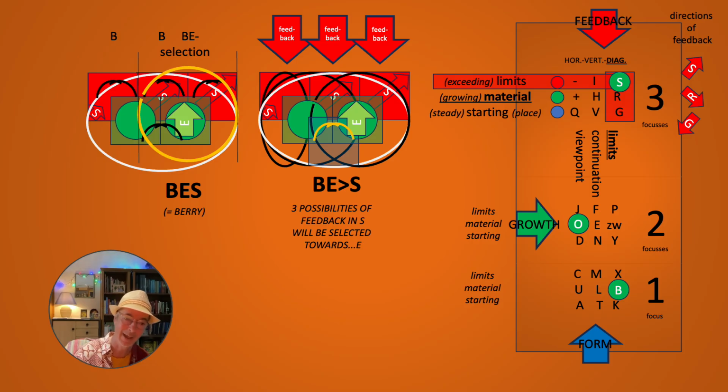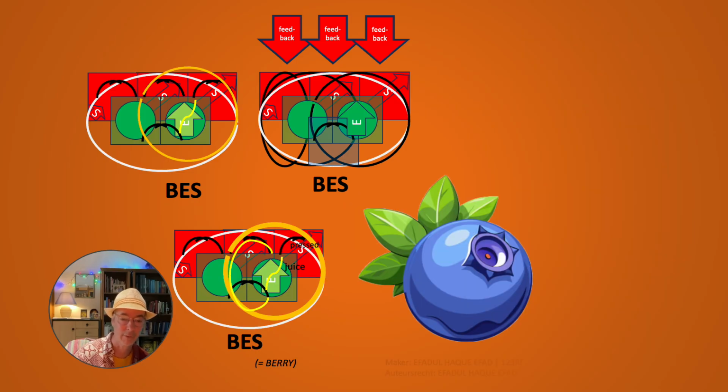We have the BE. BES is a word for berry, actually, and of course it will have that last influence from between. If we connect the dots there, it will just show an inner movement, not much more than that.